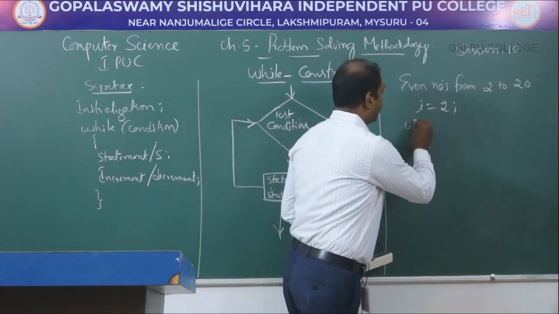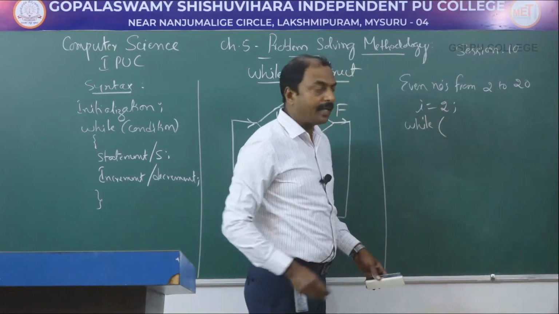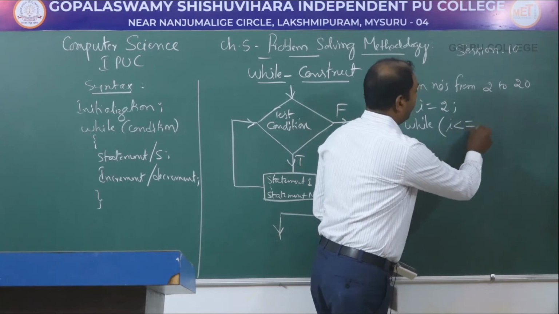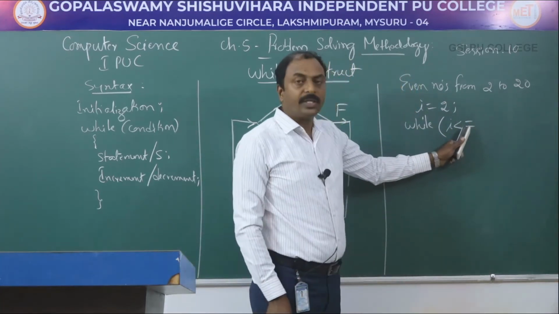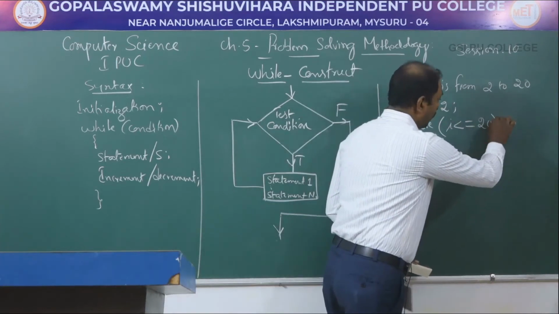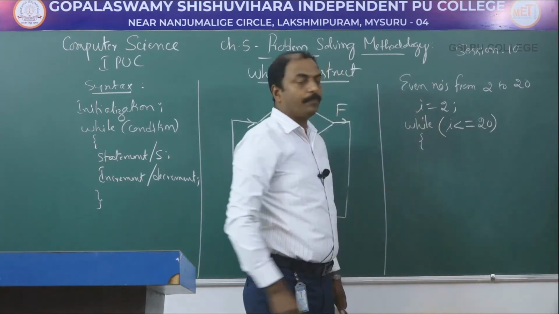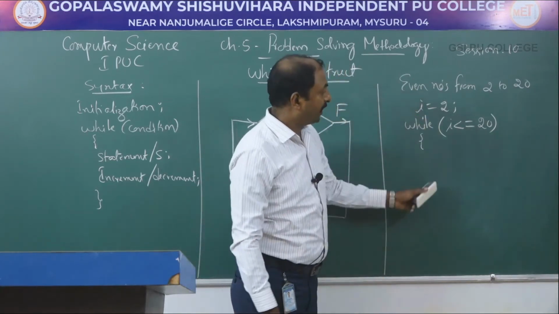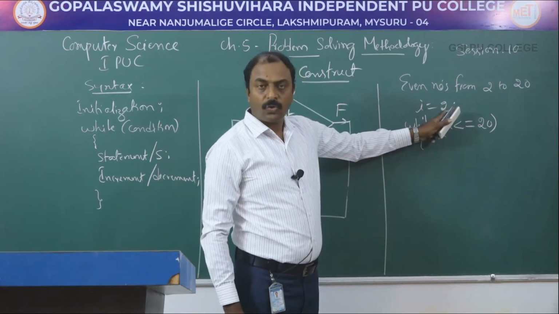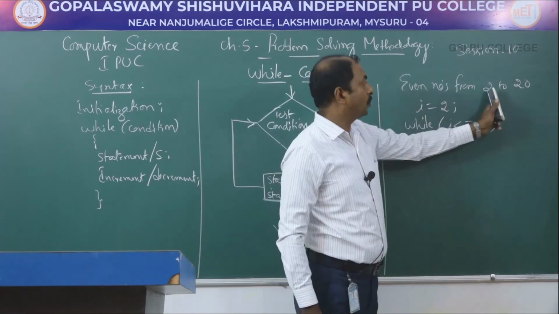Next, the while construct. Open the bracket, and here I can write i less than or equal to. What is the condition, or what is the final value? 20. It's 20. Close the bracket, no semicolon here. Open this bracket here. Now here we have to write the statement. Now I want to print the even numbers 2, 4, 6, from 2.